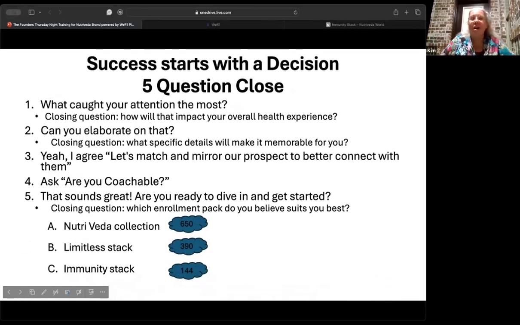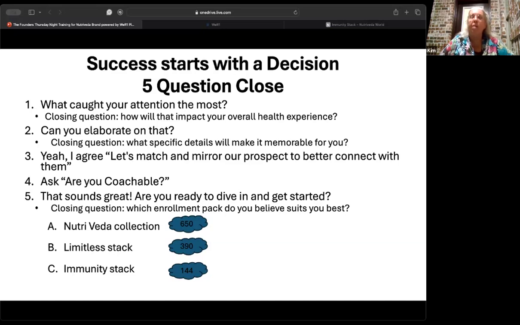I love this part because there are different ways to have conversations with people and motivate them to be interested in things. So we want to find out what's most important to them first. If they're interested in health and wellness, then we talk about the benefits of how the products work.